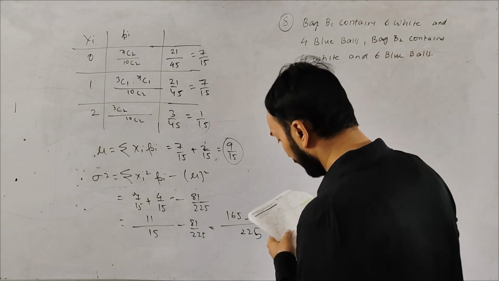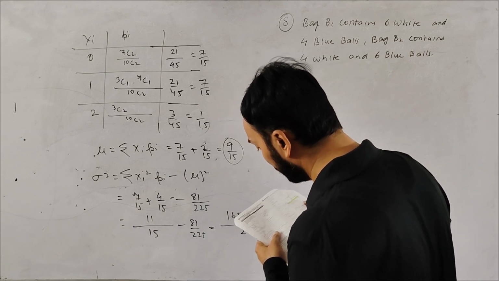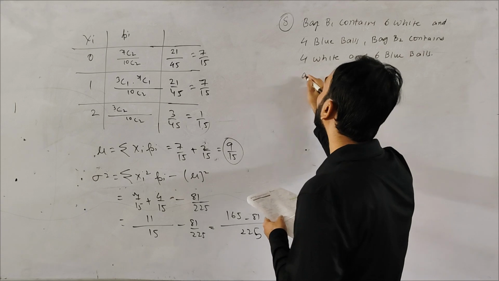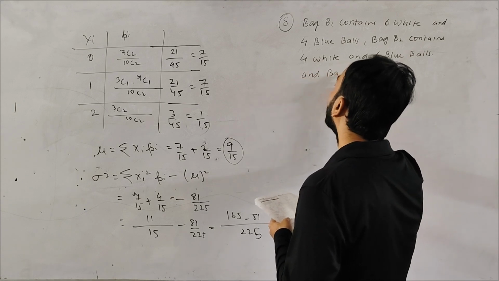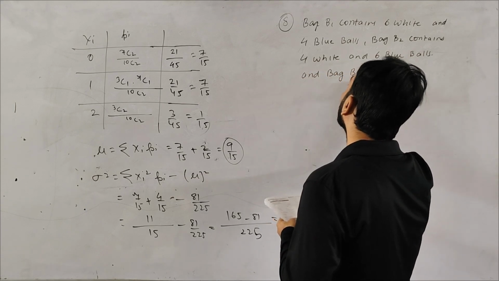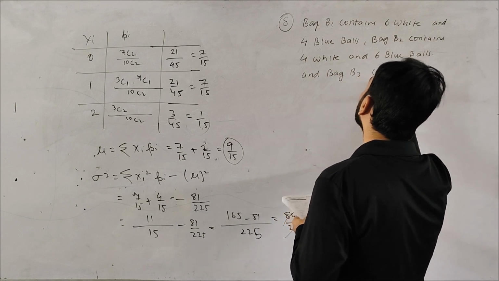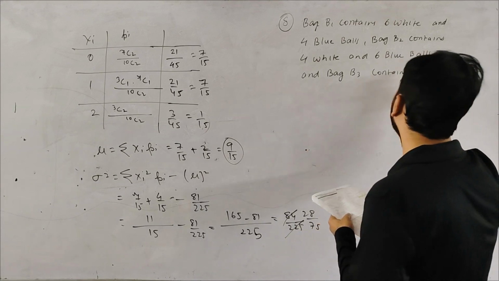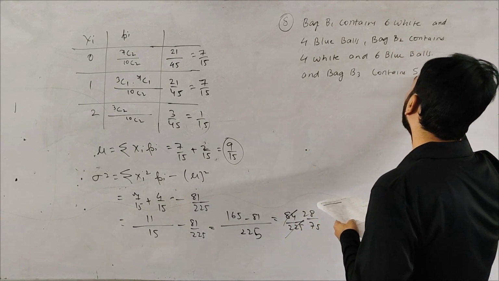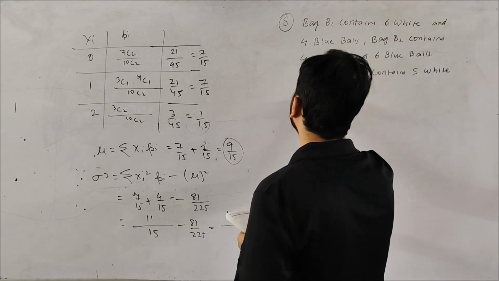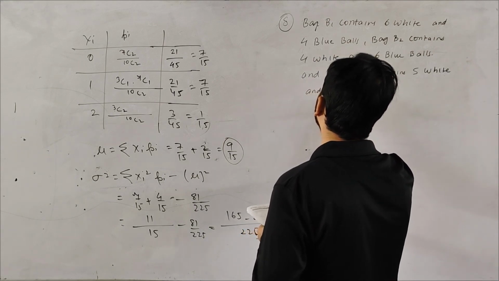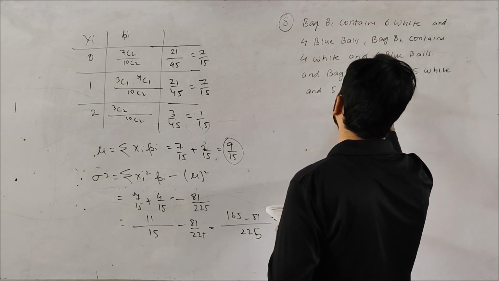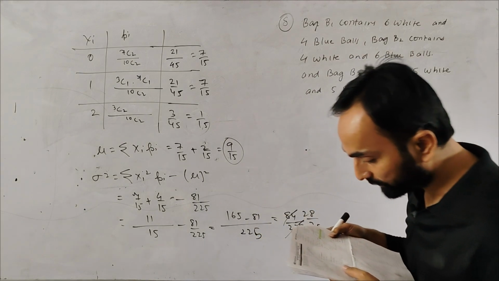Correct? I am writing down the information of the bags. And bag B3 contains 5 white and 5 blue balls.